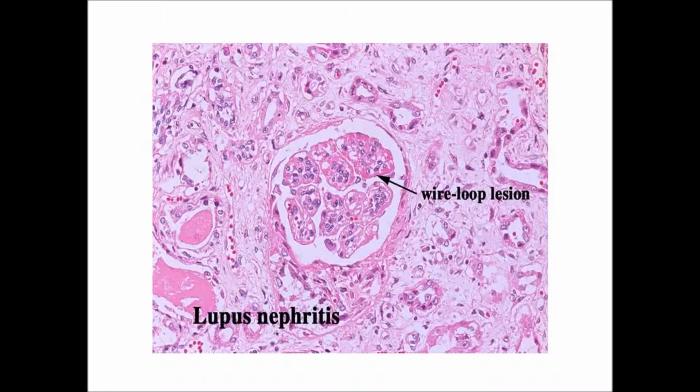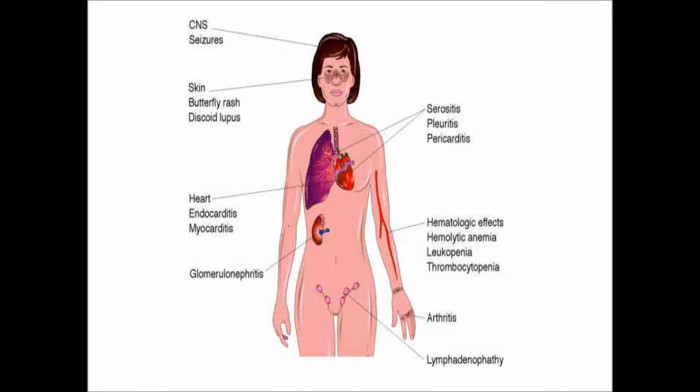Here, this is a histological picture of lupus nephritis. This lesion is called the wire loop lesion. It is specific for SLE, and we can see there is thickening of the capillary loops within the glomeruli. Okay, this is a picture showing us the most important features.